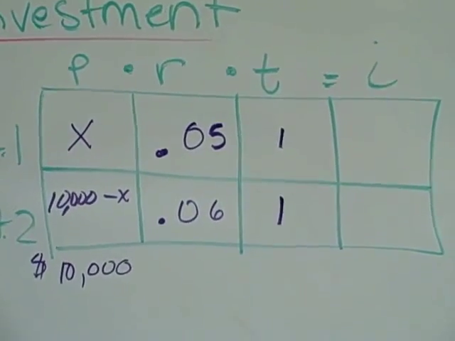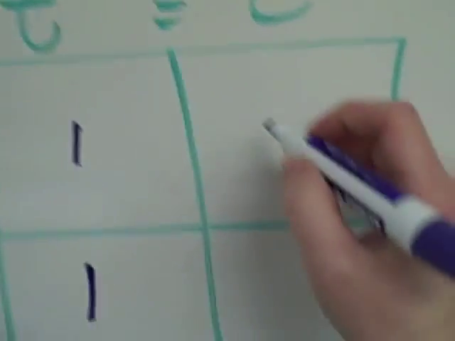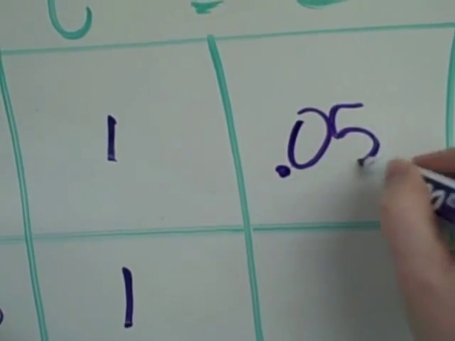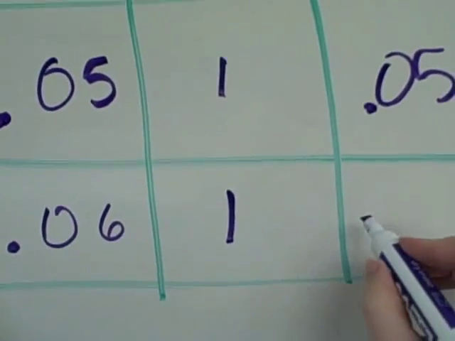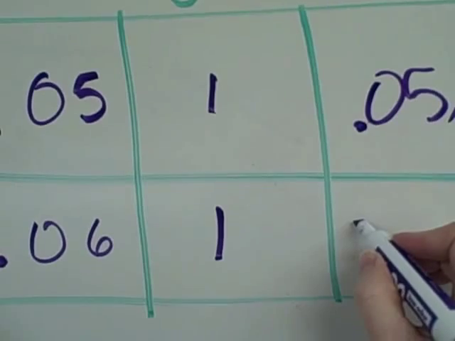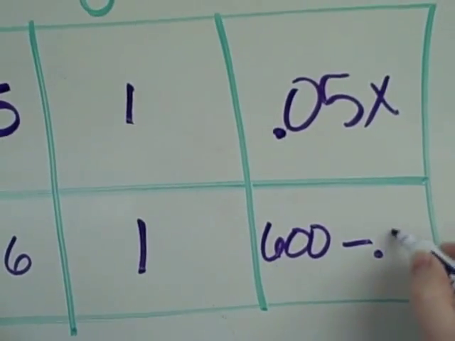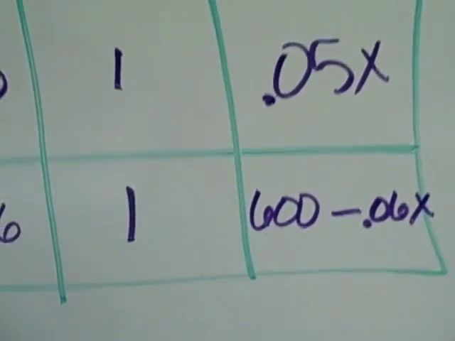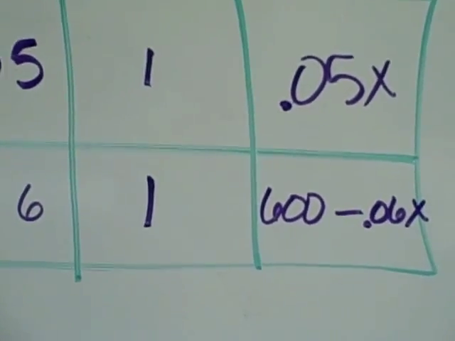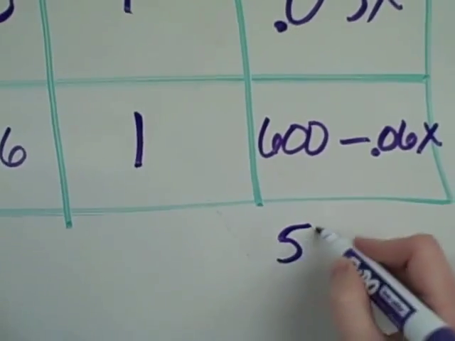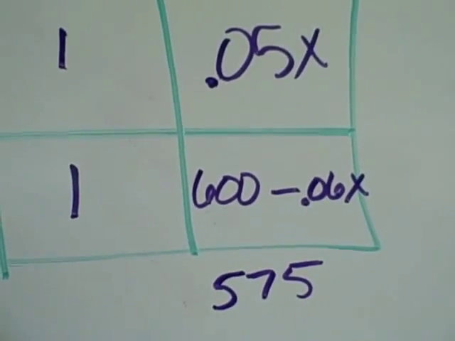So what we're going to do is multiply across, and we're going to get 0.05x. Then we're going to get 600 minus 0.06x. And as a reminder, he has a total of $575 of interest.